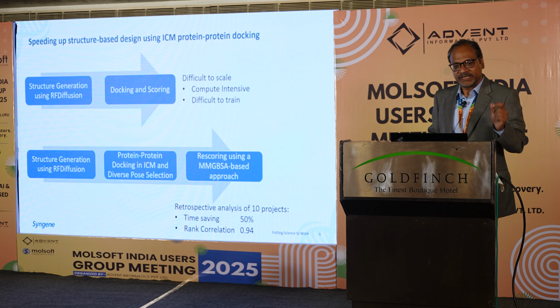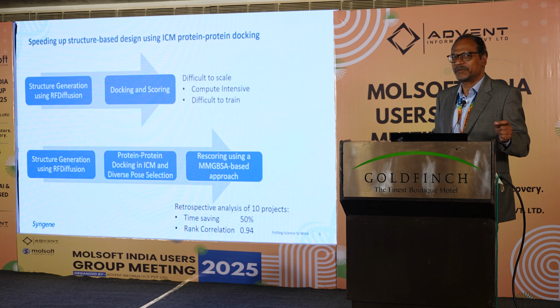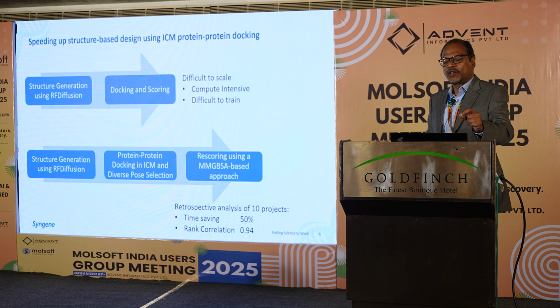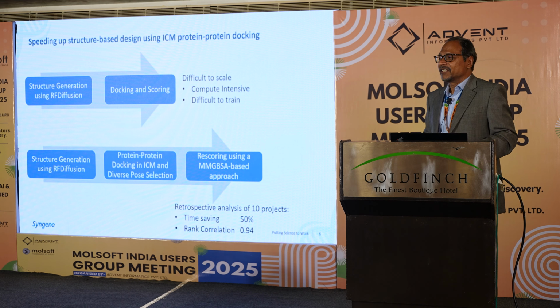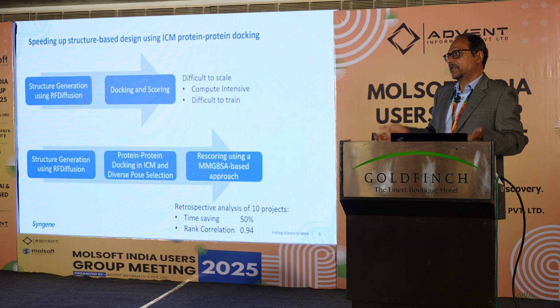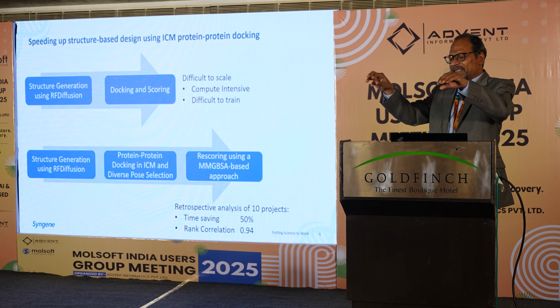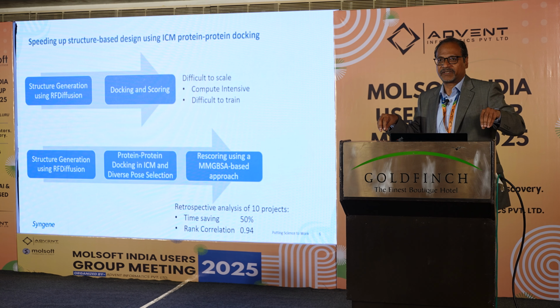So what we did was, we still do structure generation using RFdiffusion. That's pretty fast. Instead of docking and scoring in Rosetta, from the diffusion model we collect a host of diverse structures. We do not pick any one, but pick a set of generated structures.